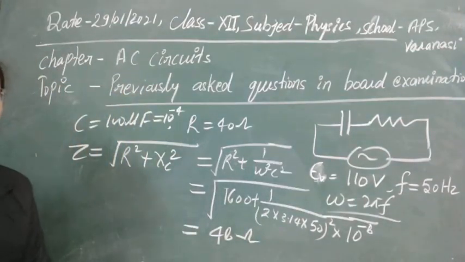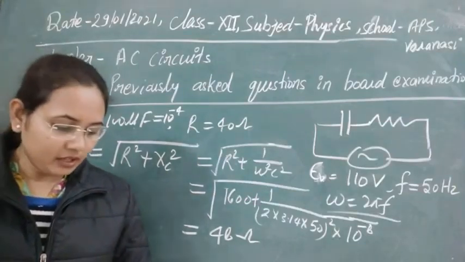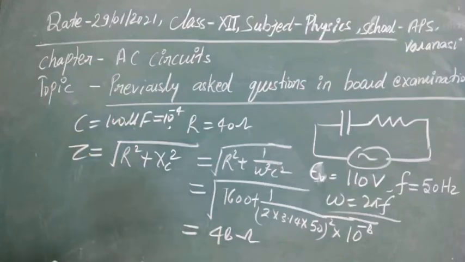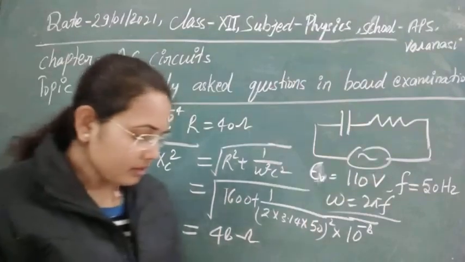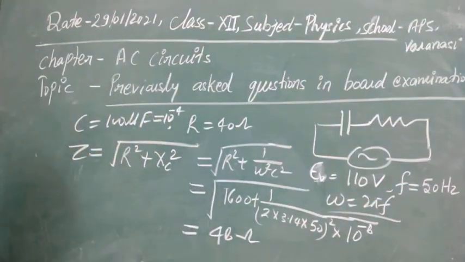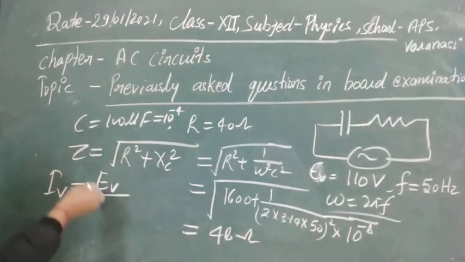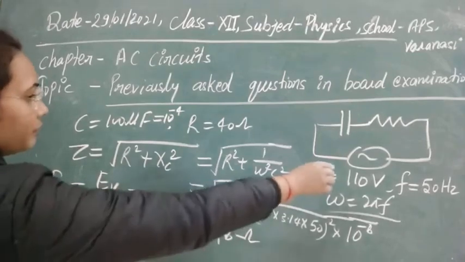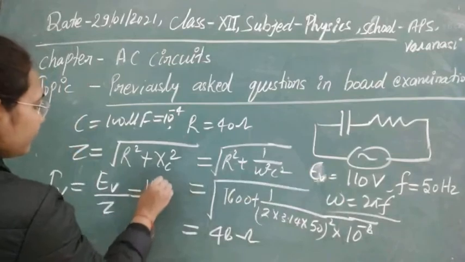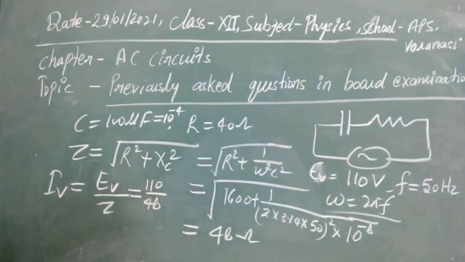This is the impedance of the capacitive resistive circuit for the given question. Now that we have found the impedance, we can find the RMS value of current using the formula: RMS value of current equals RMS value of voltage upon impedance. The RMS voltage is given as 110 volt, and the impedance we just calculated is 48 ohm.